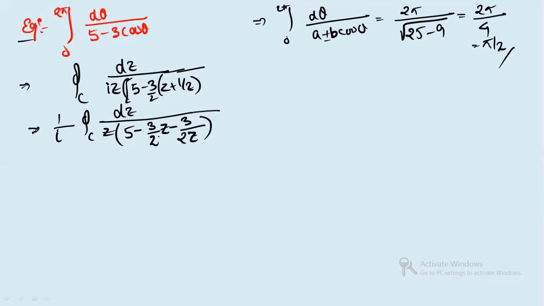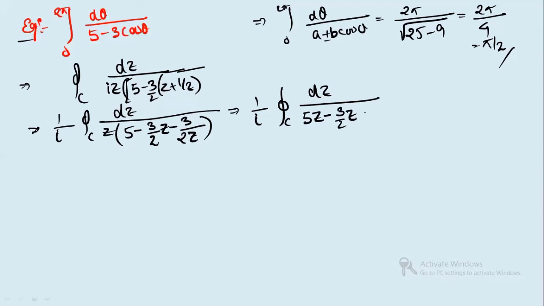Now we will multiply and see. In this case you will get 1 by i, contour integral of dz by (5z minus 3 by 2 z square minus 3 by 2). This can be written as minus i, taking i to the numerator.